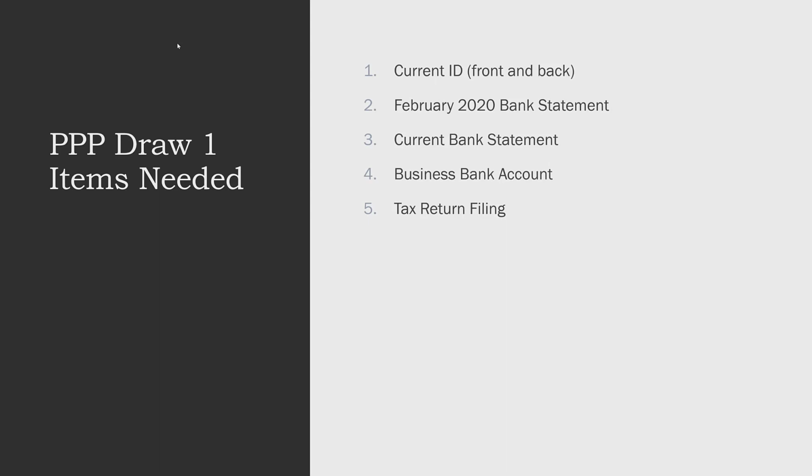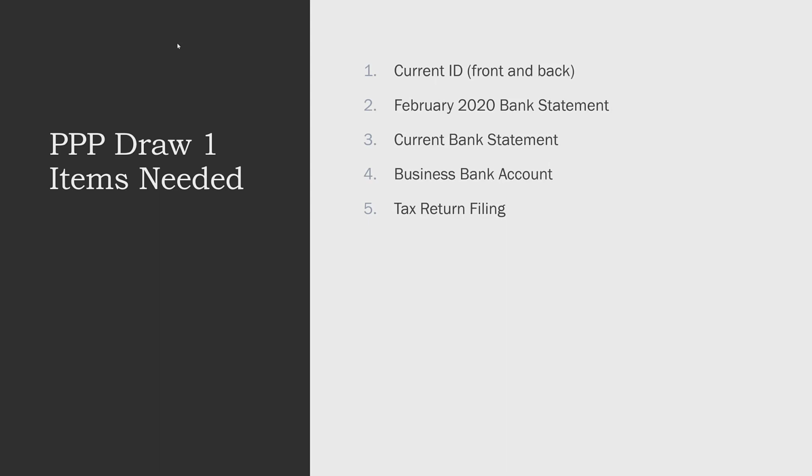You don't need to have this to apply initially, because you can use a personal bank statement from February, right? But when the lender goes to fund you, okay, if your business name is your personal name or you're an independent contractor who gets issued a 1099 in their own name, you can fund your PPP loan to a personal account because the loan application will just be your name as the business name.